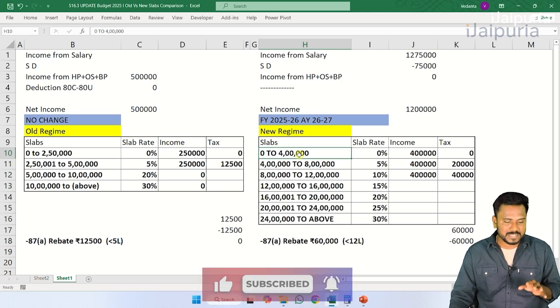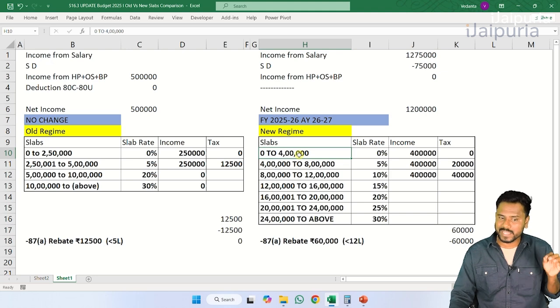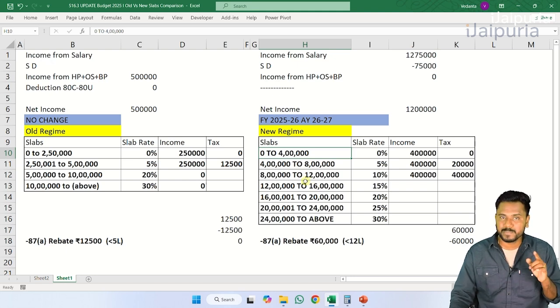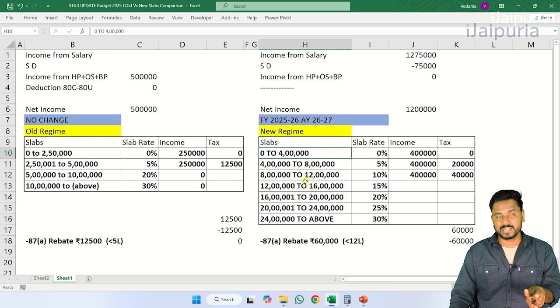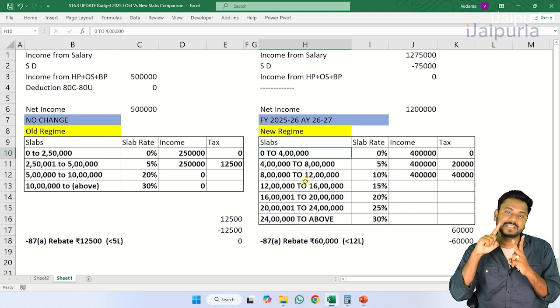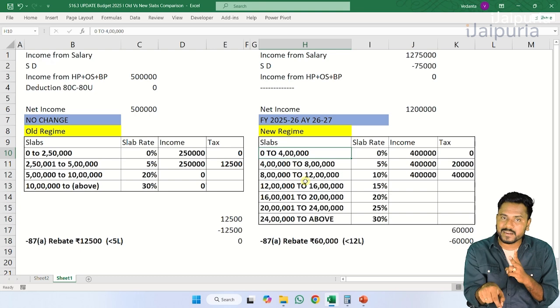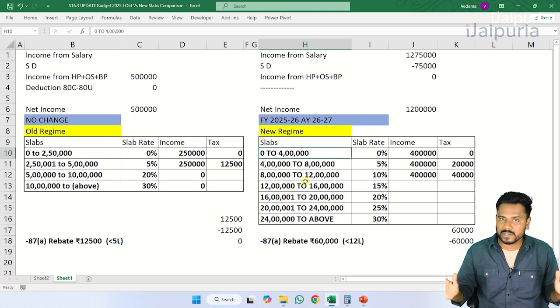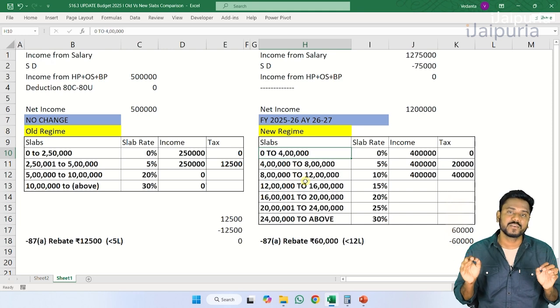For salaried persons, it is open every year. You can switch from the old regime to the new regime and back to the old regime. But for non-salaried persons, only two chances. The first chance is to opt out of the new regime, and the second chance is to opt in to the new regime. Once you opt in to the new regime, in future you cannot opt out.